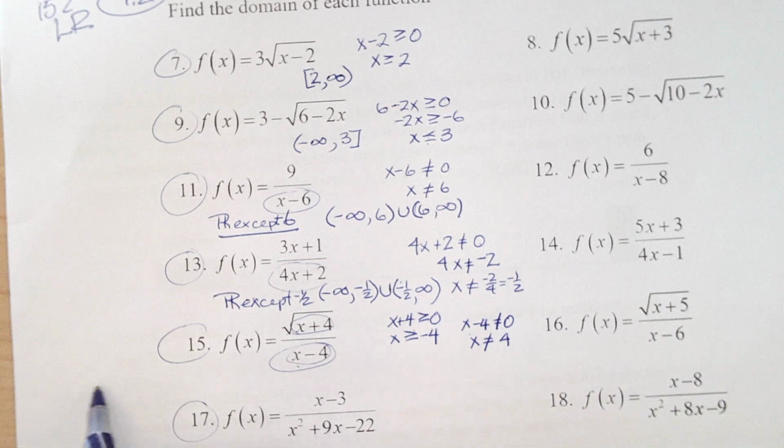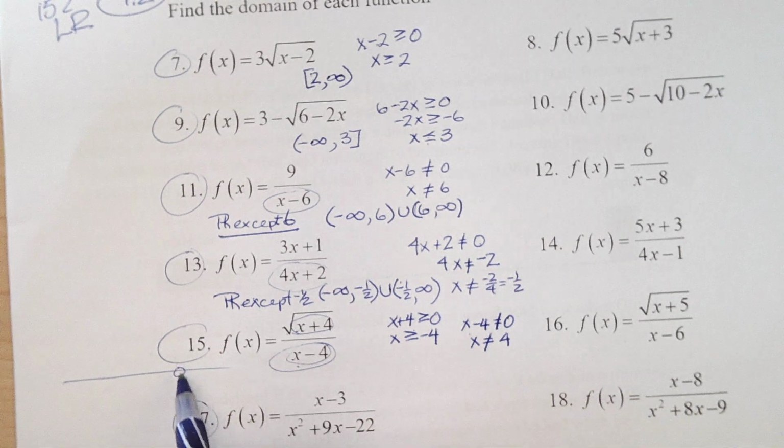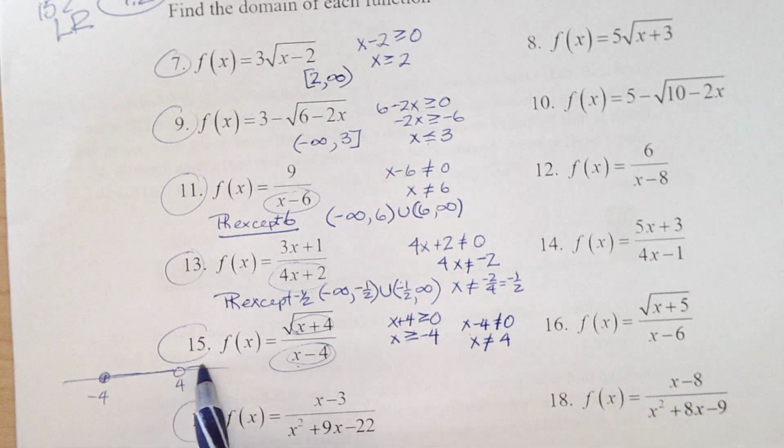So on the number line, we can't be equal to 4, and we have to be bigger than negative 4 or equal to it, but we can't be at 4. So we got two pieces of segment.